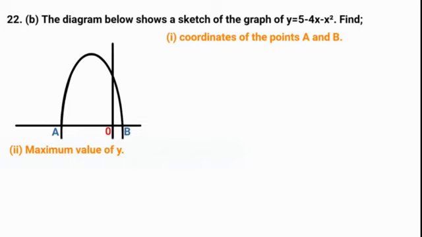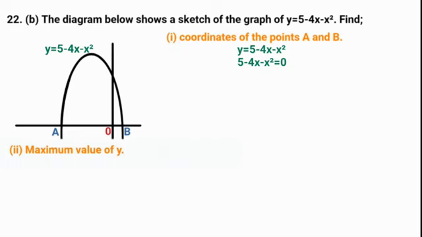We're going to use the equation in the question, which describes the graph, which is y is equal to 5 minus 4x minus x squared. So we are going to write this equation here. Once we've written this equation, the first thing we're going to do is change it to a quadratic equation: 5 minus 4x minus x squared is equal to 0.